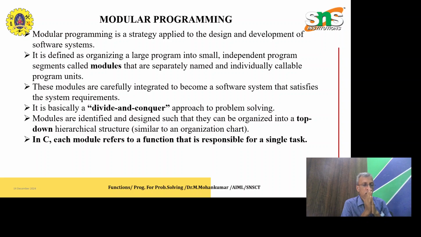It is basically a divide and conquer approach to problem solving. Modules are determined and designed such that they can be organized into a top-down hierarchical structure similar to an organization chart. Normally, in a C program we follow the top-down approach, so it is not an issue. In C, each module refers to a function that is responsible for a single task.